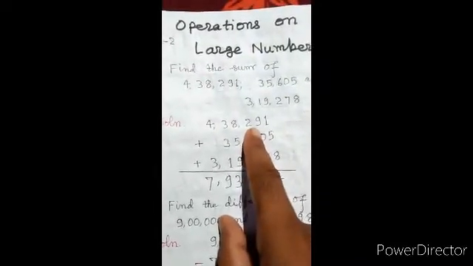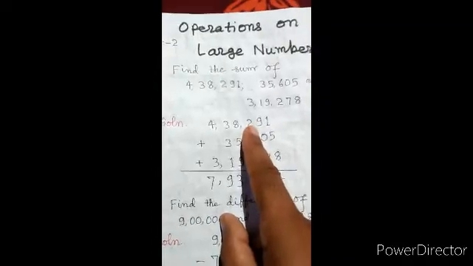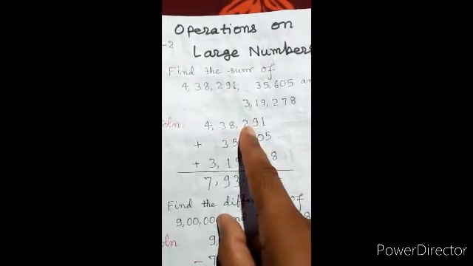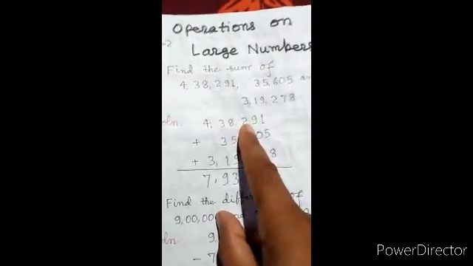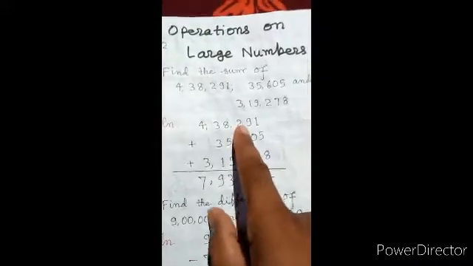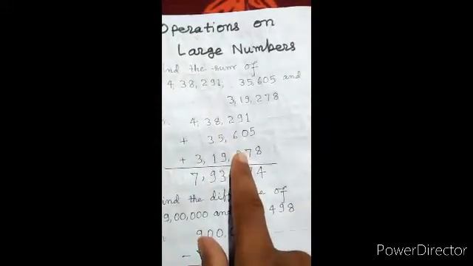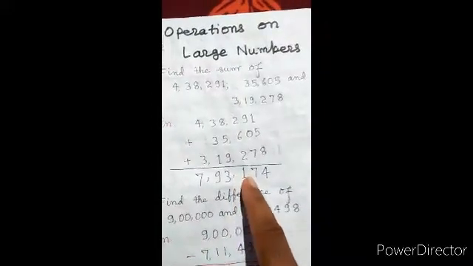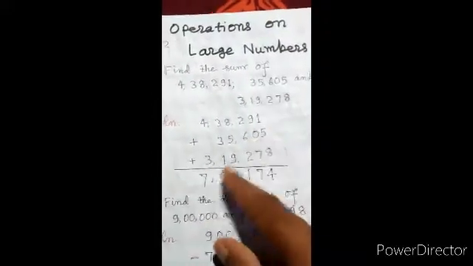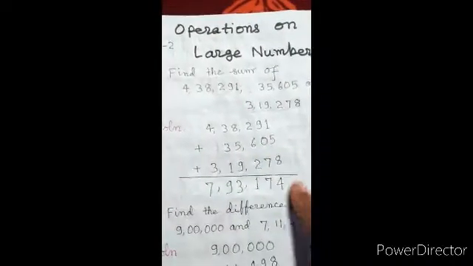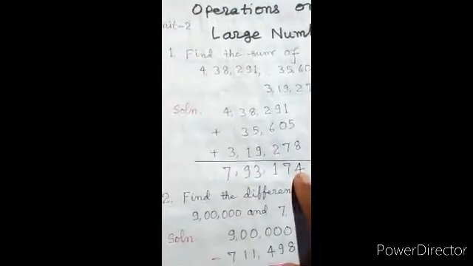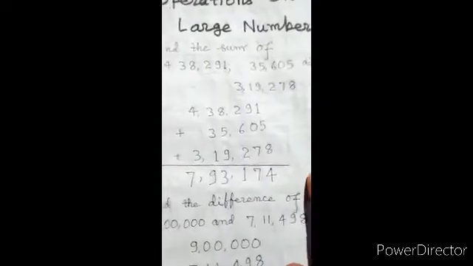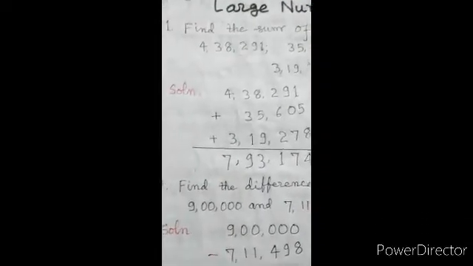Then this one will be added to the digit at the 10's place. 1 plus 9, that is 10, plus 7, that is 17. 7 will come here and 1 will be carried towards the left, and this is the process to add. We will add all digits in the same way.